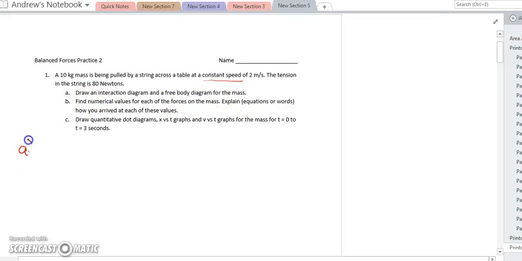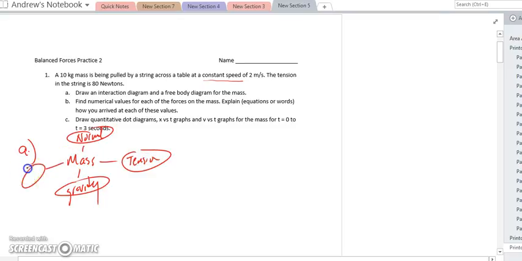So for A, the interaction diagram is just saying, well, we've got this mass, so we've got the mass here. And then we've got all the forces that are connected to that. So we say that there's gravity here. It's on a surface, so we know there's a normal force. And we know that there's a tension.